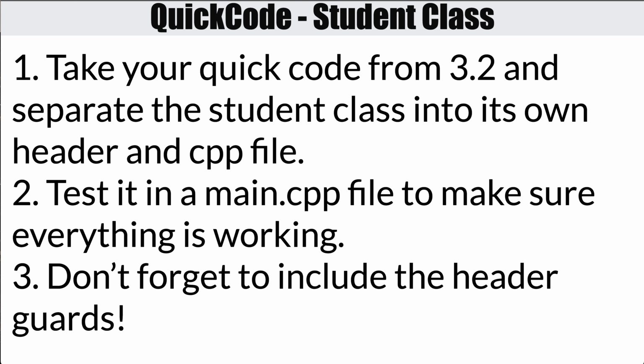All the declarations should be in the header file, and all of the definitions, which is the implementation, should be in the CPP file. Then you need to make sure that it runs, so you need to test the methods that you have in the CPP file to make sure everything is working, and do not forget your header guards.